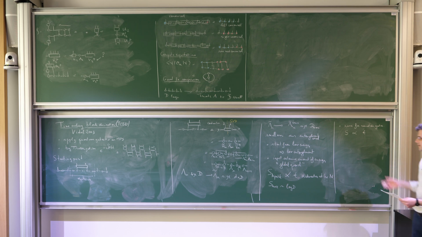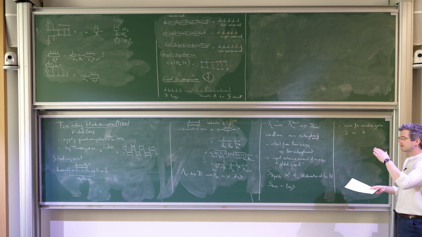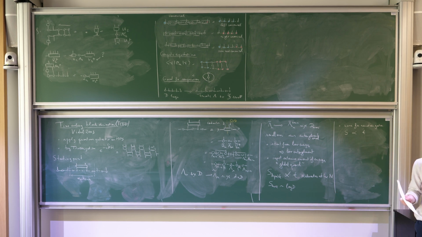And so that's why typically Google and people put themselves in this situation. Random unitaries create entanglement very fast, and so they are particularly difficult for tensor network methods because they generate extremely slowly decaying singular values even at low depths. So that's one of the reasons.